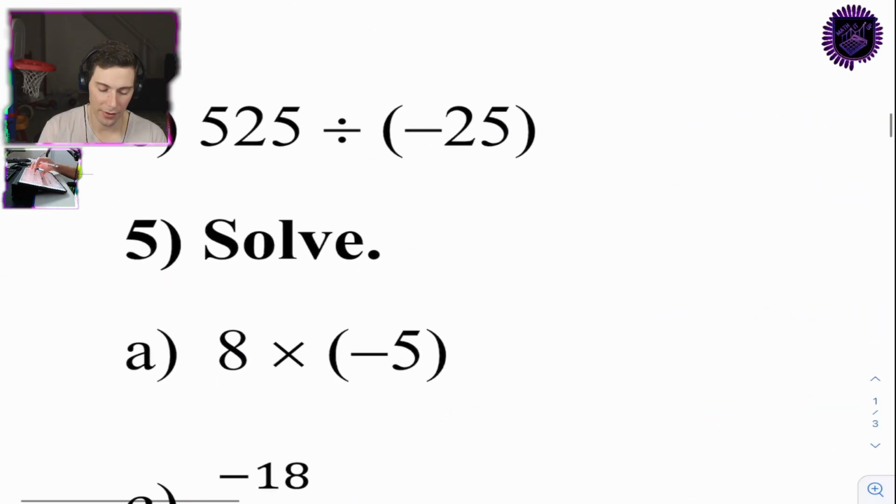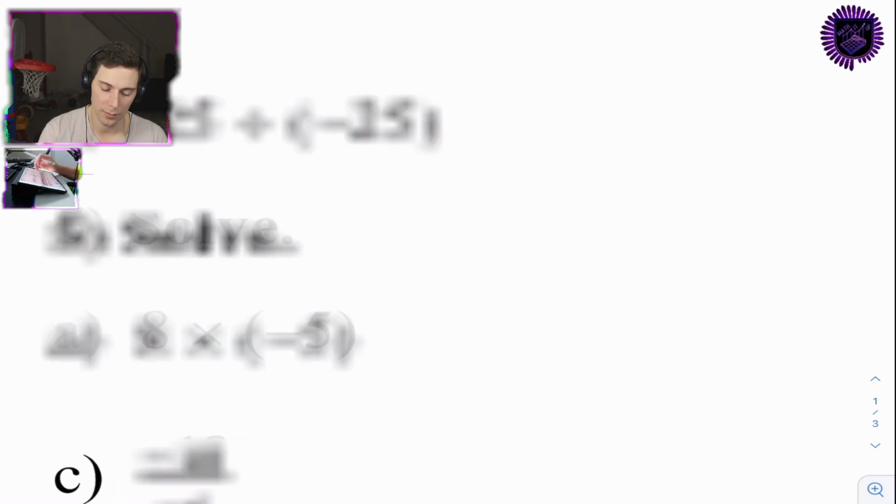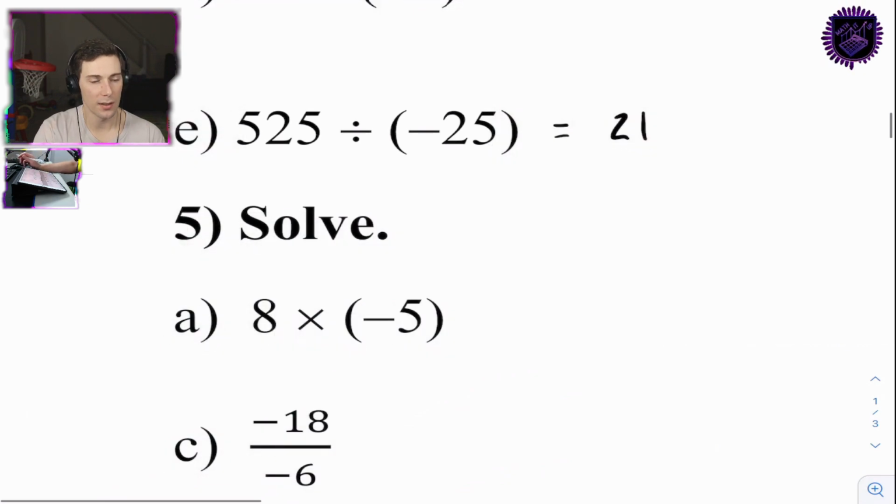F, 525 divided by 25 is equal to 21. So that's 21, and of course because it's a positive divided by negative, it's negative 21.